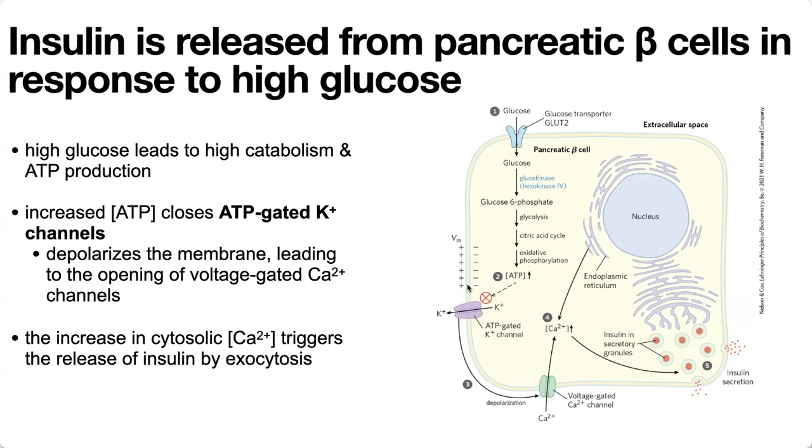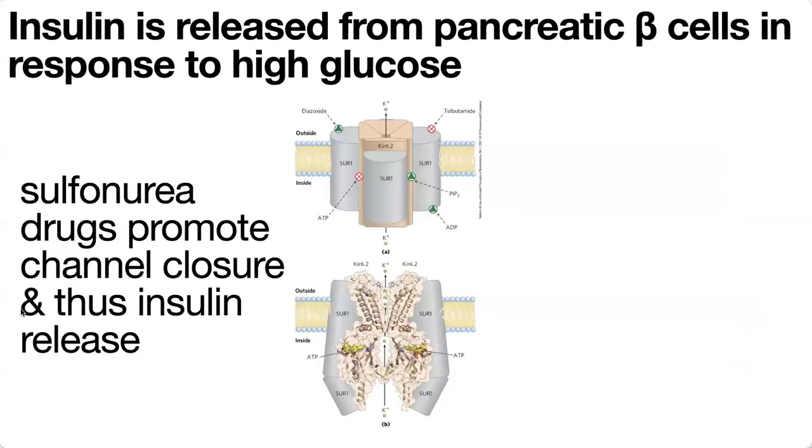The membrane would depolarize. It's a little confusing because when we talk about ligand-gated channels, it sounds like the ligand binds and the channel opens. In this case, however, when the ATP binds, the channel actually closes. And when the channel closes, you get that depolarization.